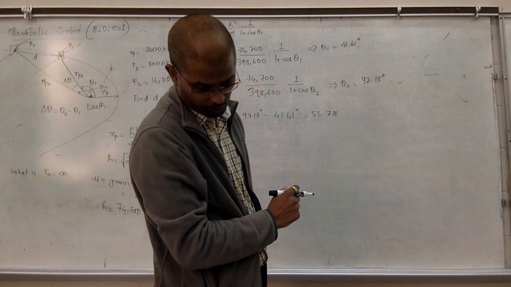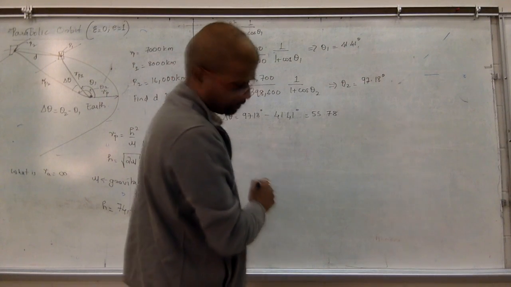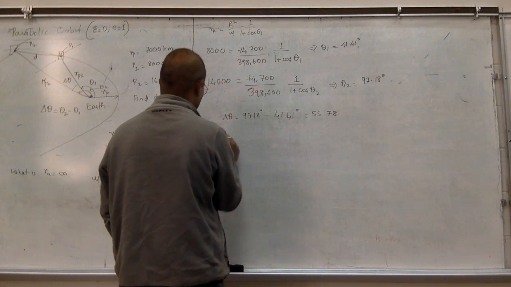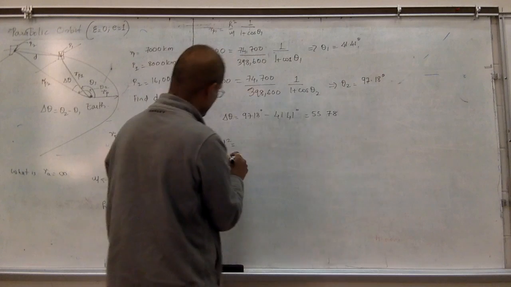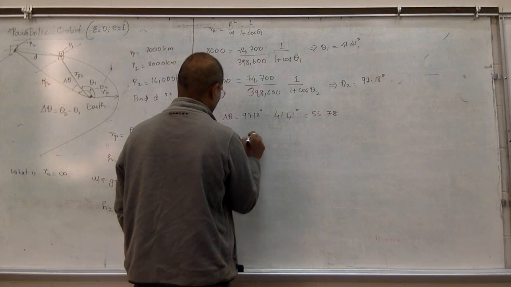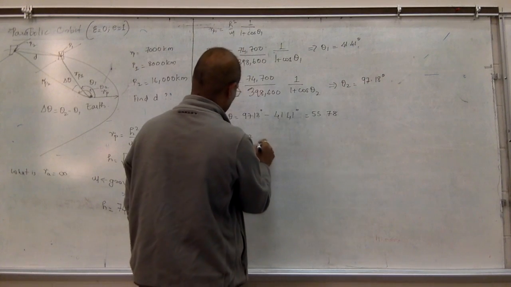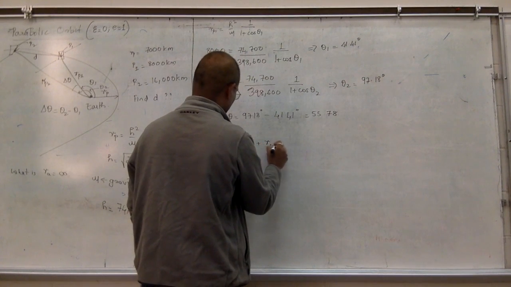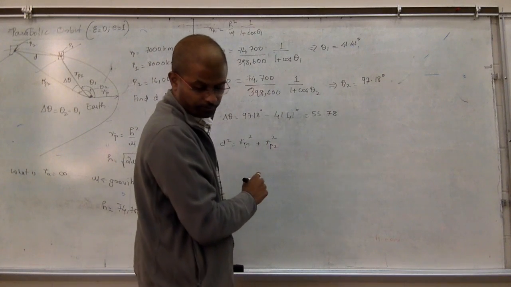So the law of cosines, you say B squared is equal to. Could you also use the law of sines? Yes, you can use law of sines or cosines. Either one.